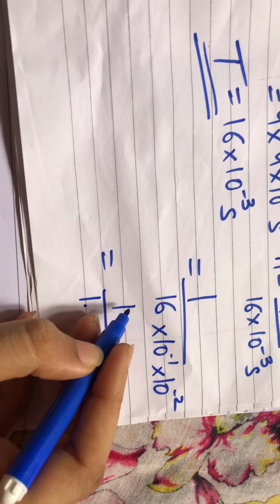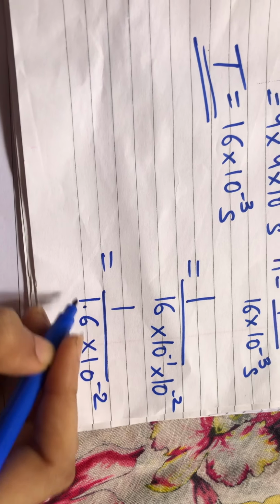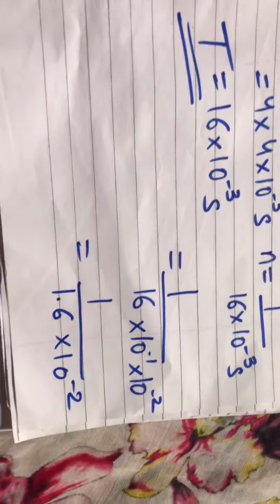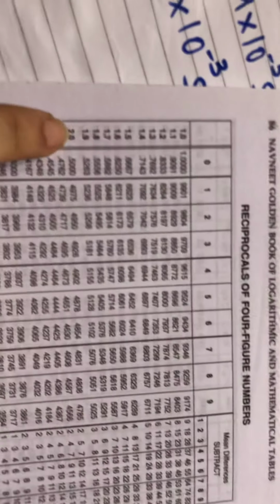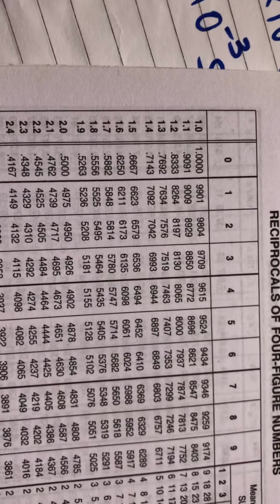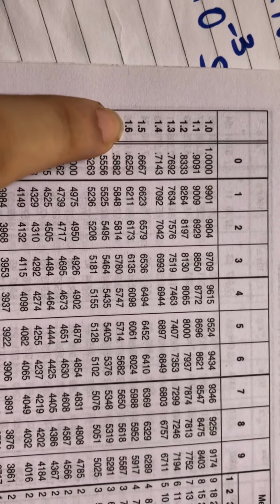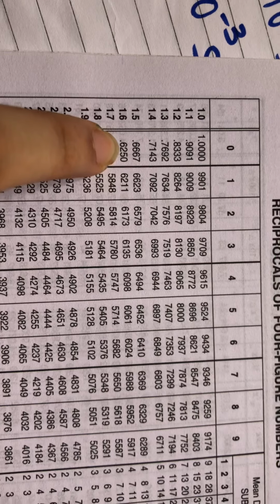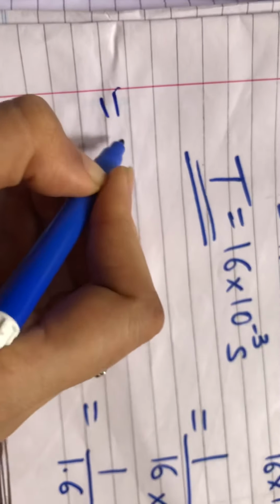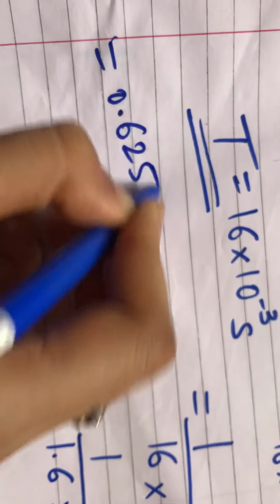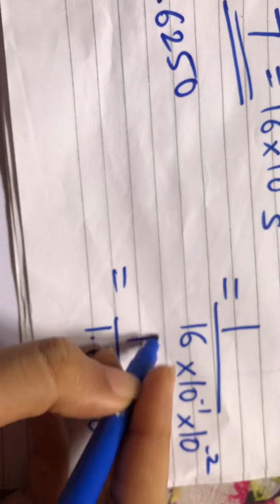So the reciprocal of 1.6, how will we see that? The reciprocal of 1.6 is 0.6250. Reciprocal of this digit is obtained.